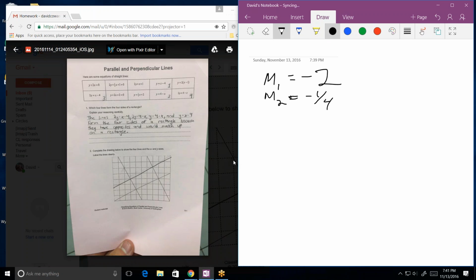What's M3? Move the x to the other side and divide everything by 2.